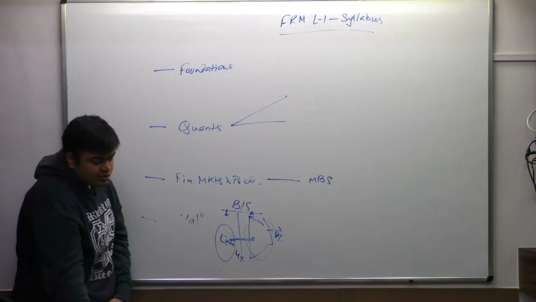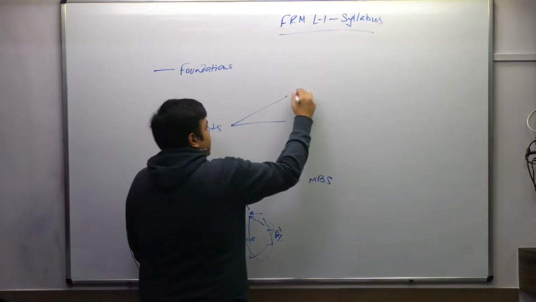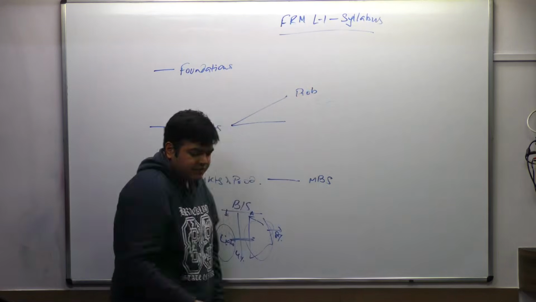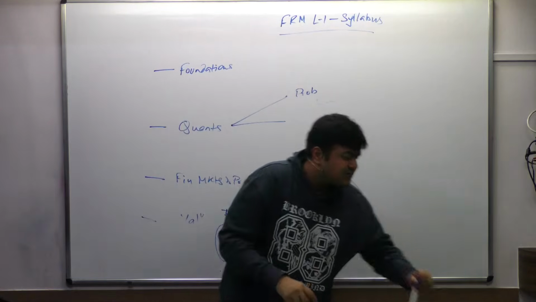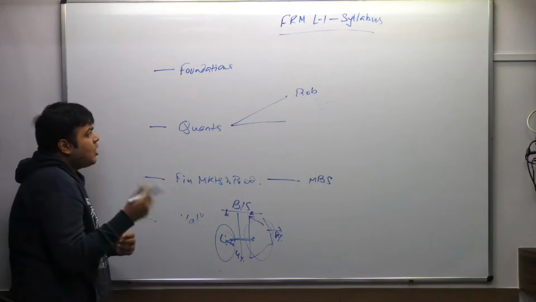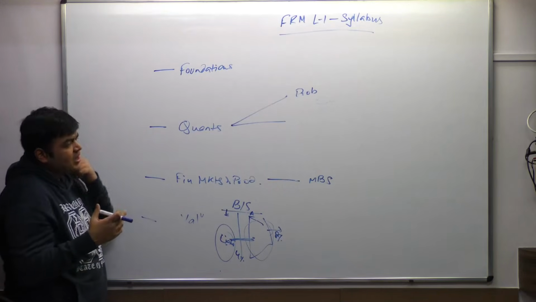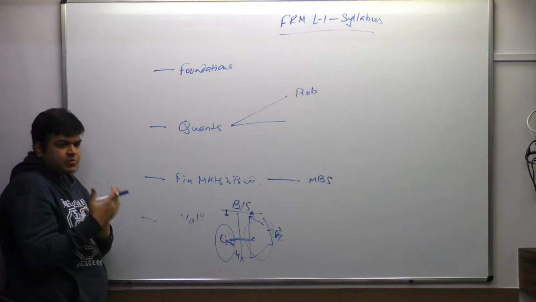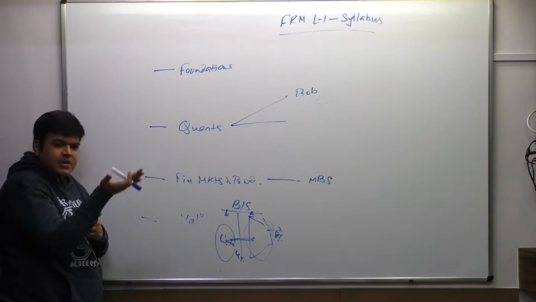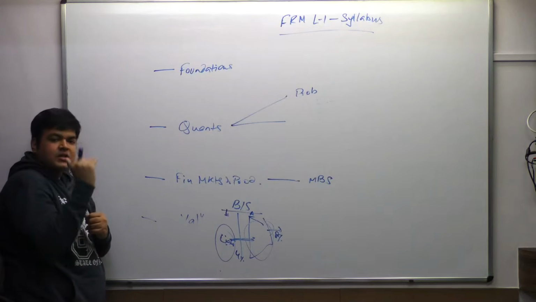The second, as I told you, we start with probability. Until 2019, the curriculum of the first book is more or less similar, but with much better arrangement with respect to portfolio and all. The second book has been upgraded almost 20-30%.